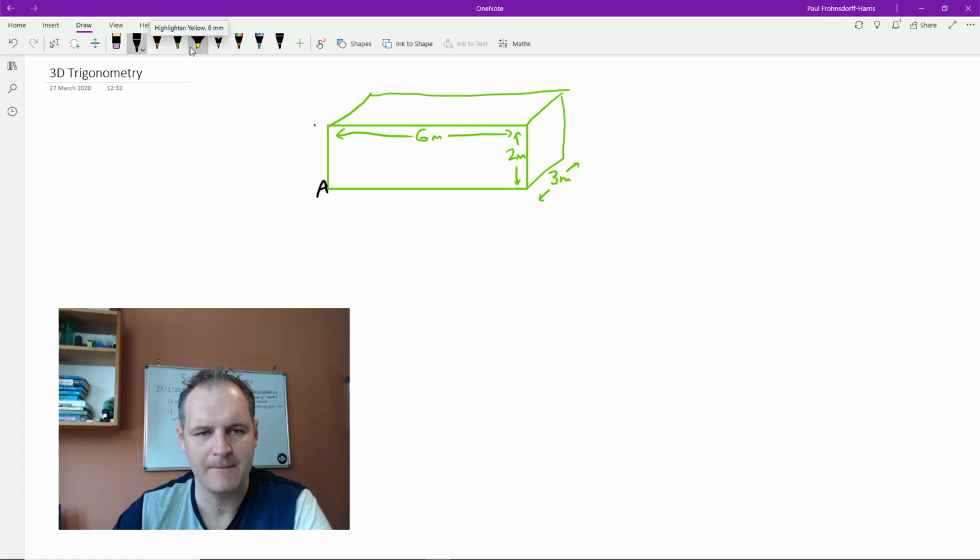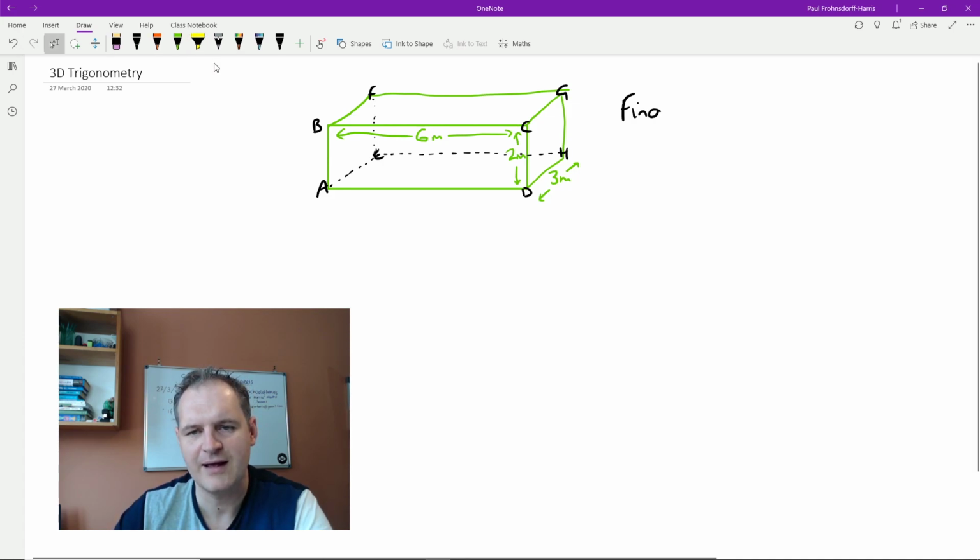What this means is, the questions that we're talking about might say, if this is going to be A, B, C, D, and then we could imagine in the background, imagine this is a glass container, maybe a very large fish tank, which is apparently very empty and devoid of water at the moment, and then we've got E, F, G, and H, and it asks us to find AG.